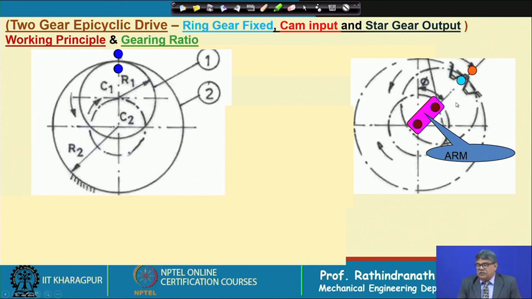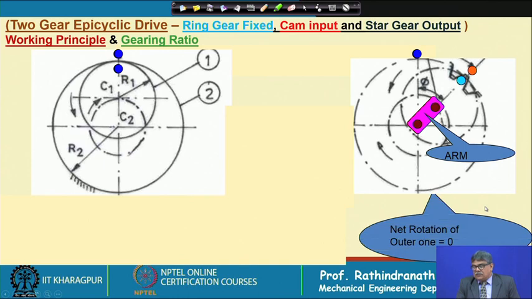So, we open the lock and then rotate this ring gear in the opposite direction, so that this orange point comes back to its original position. But by that time the pinion will rotate.